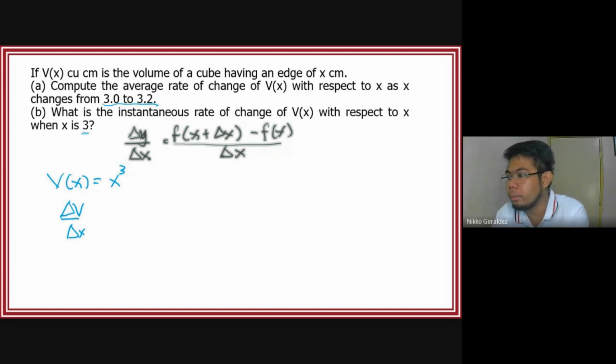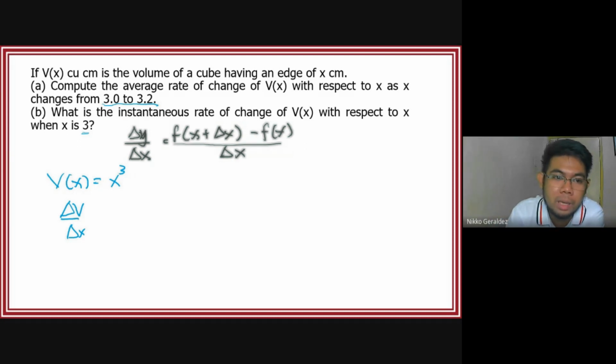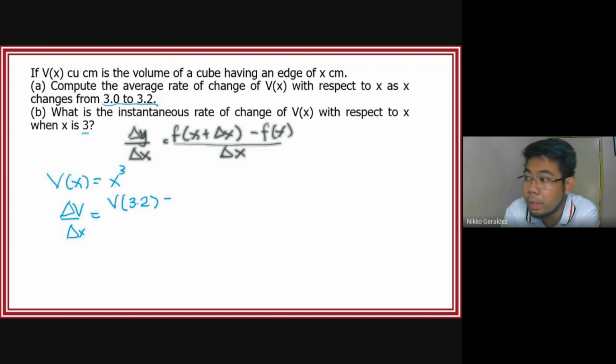So, yun po. So, delta v, so that is equal to f of x plus delta x. So, ano yan? So, that is v of x sub 2. So, that is 3.2. So, that is v of 3.2 minus f of x. So, that is v of x initial. So, that is v of 3 over delta x.